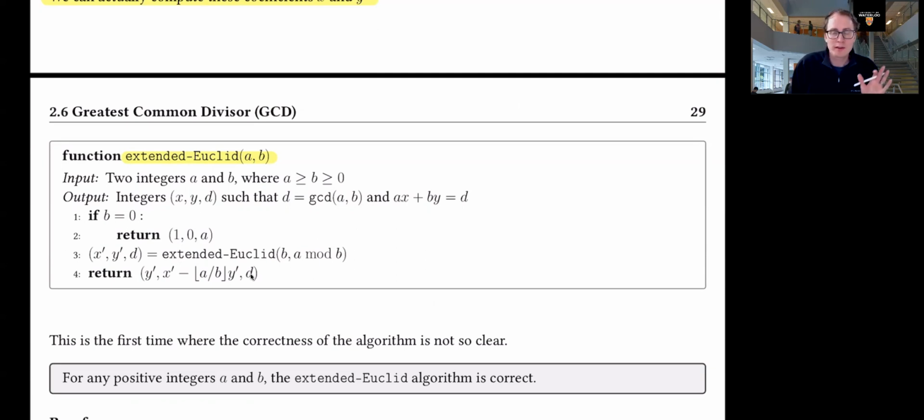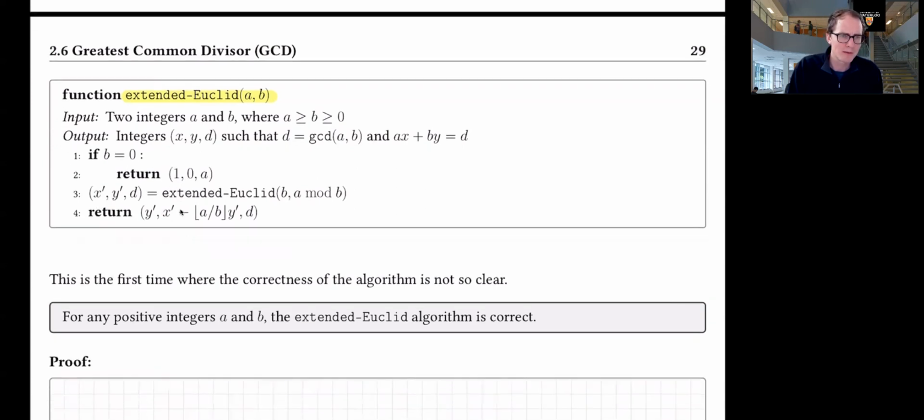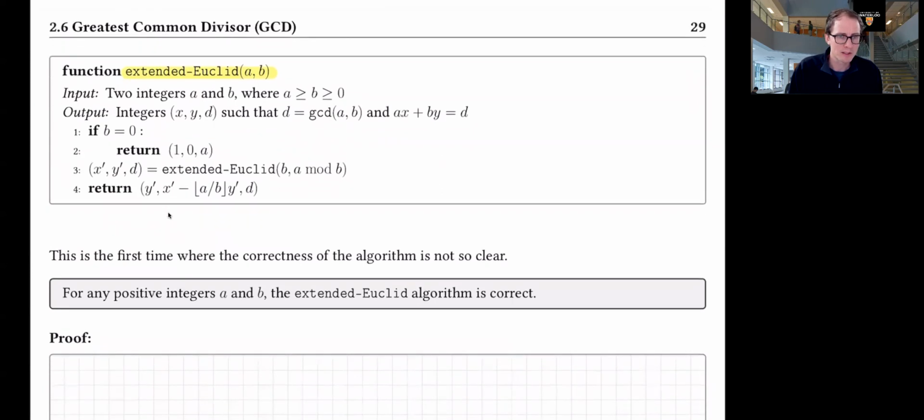Right? The only thing we have to kind of figure out is what's going on with X prime and Y prime, and why is this computing the right numbers? So this is, I think, the first time in this course where correctness of the algorithm is not so clear, right? Trying to understand the logic here is complicated.